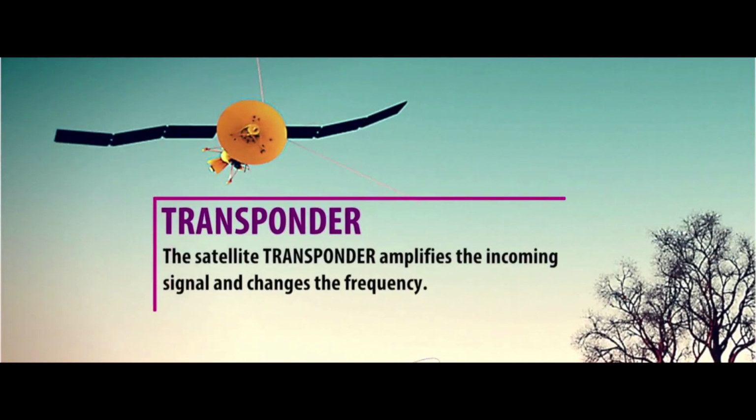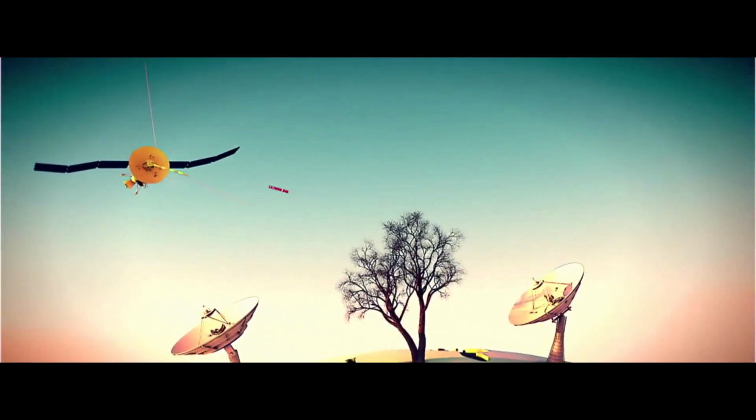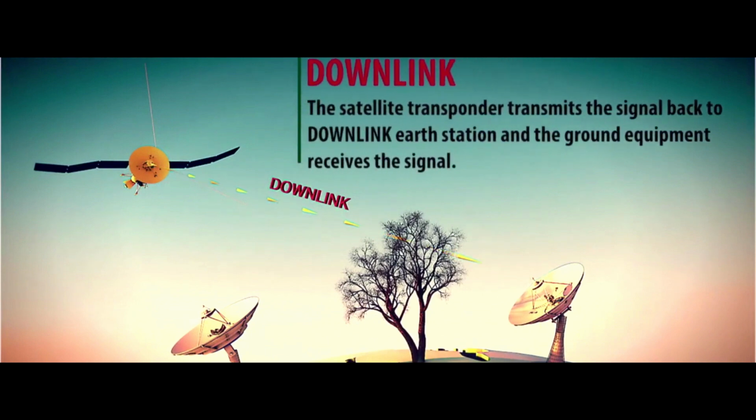The satellite transponder amplifies the incoming signal and changes the frequency. The transponder then transmits the signal back to the downlink earth station, and the ground equipment receives the signal.